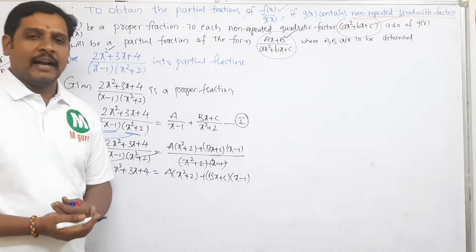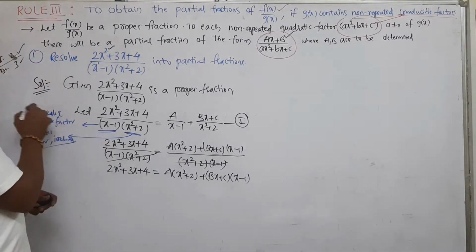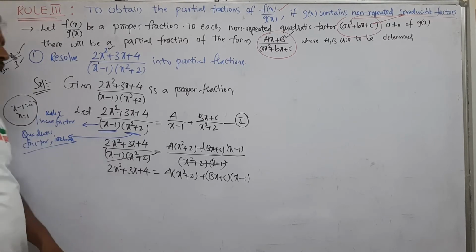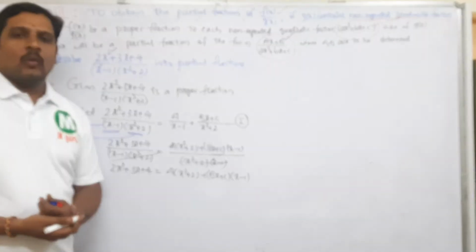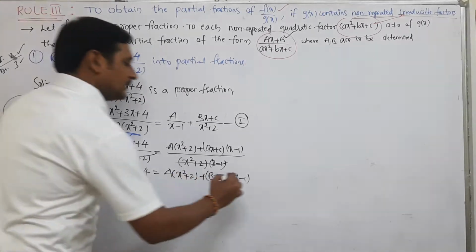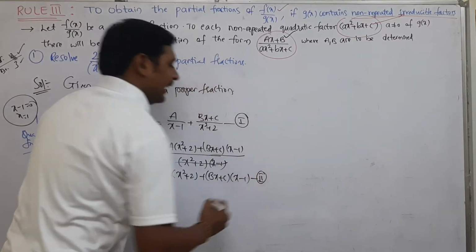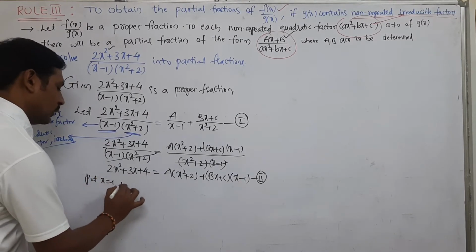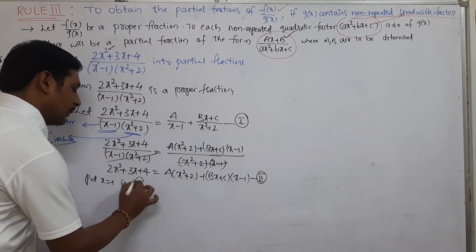Again, here we have a linear factor x minus 1. By replacing x equal to 1, we are going to get one of the values. So put x equals 1 in equation number 2.